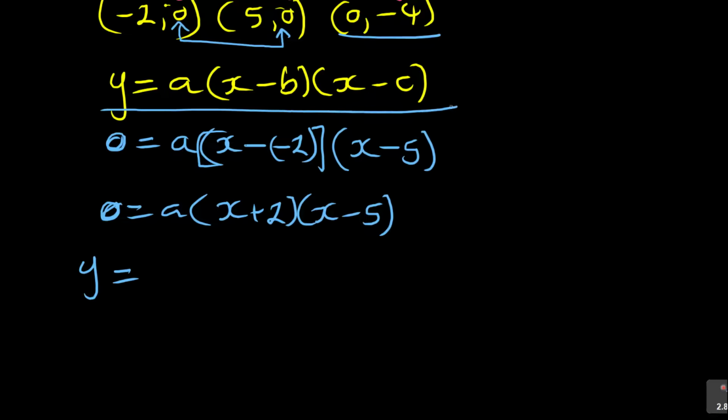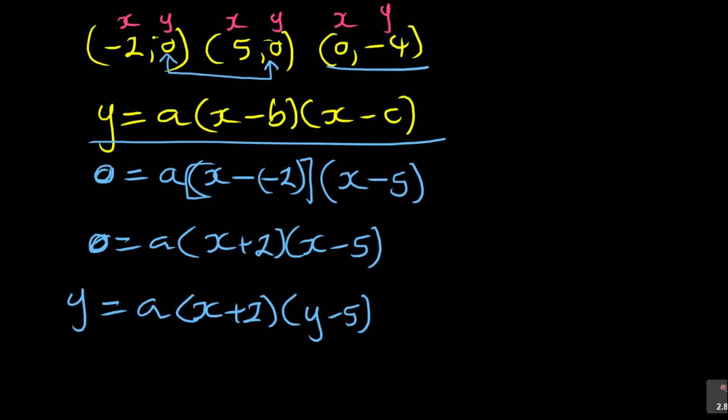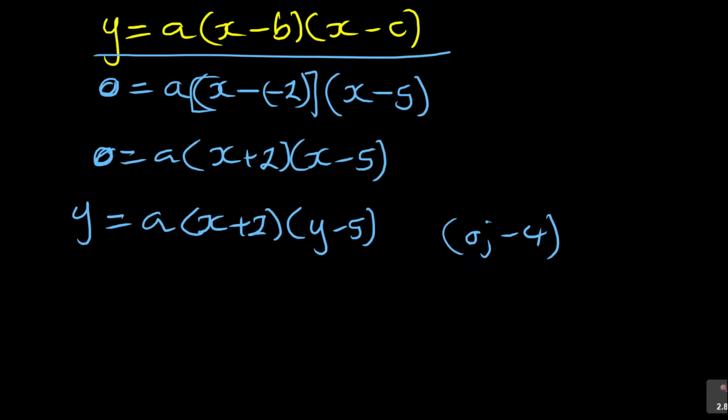Let's continue now, coming back. y is equal to a, x plus 2, x minus 5. Much better. Then we take that coordinate 0, minus 4, and we also substitute it here. So when y is minus 4, it is equal to a, when x is 0, plus 2, and then minus 5.